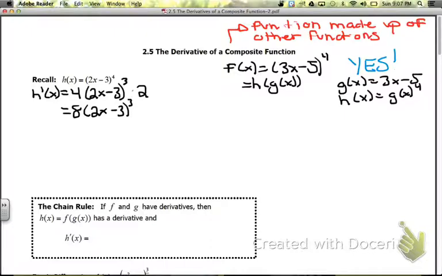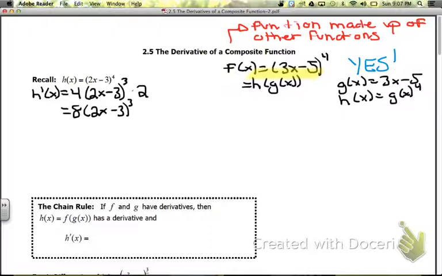Now what if we looked at this in terms of a composite function? You notice here, this function is very similar to the function that we were looking at over here when we were deciding if it was a composite function or not. So we know it is a composite function. So let's look at it in terms of two functions and then take the derivative of that.